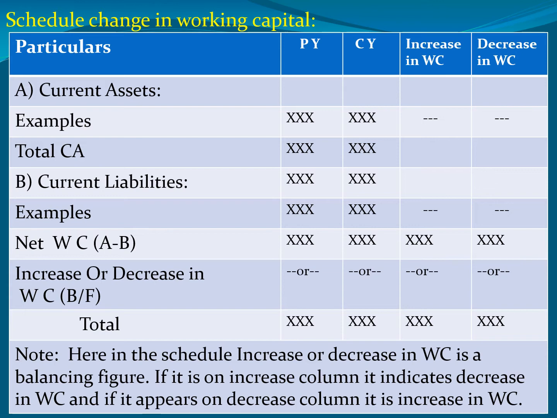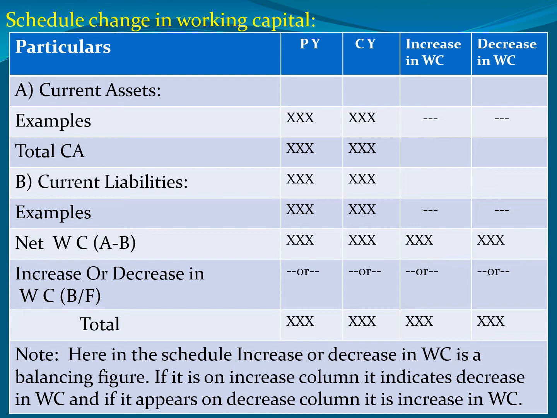Next, net working capital. I have written there A minus B. So total current assets A, total current liabilities B. The previous year column current assets minus previous year current liabilities, you'll get net working capital.